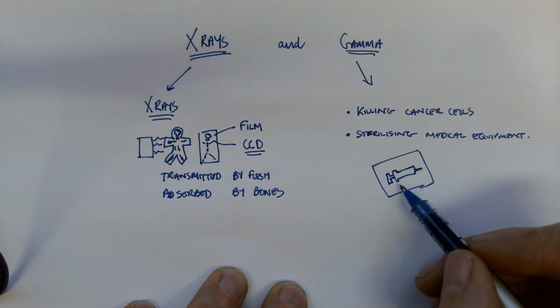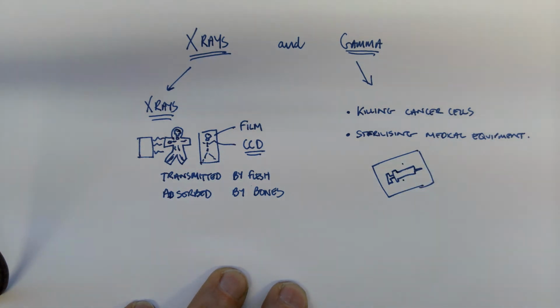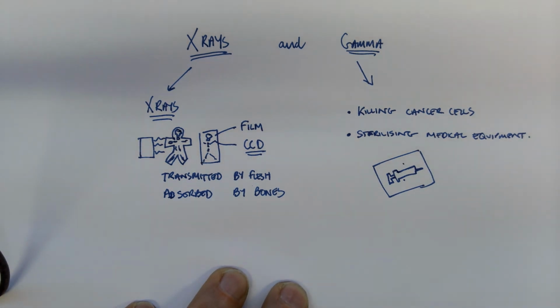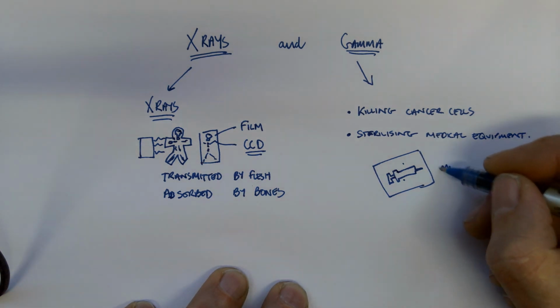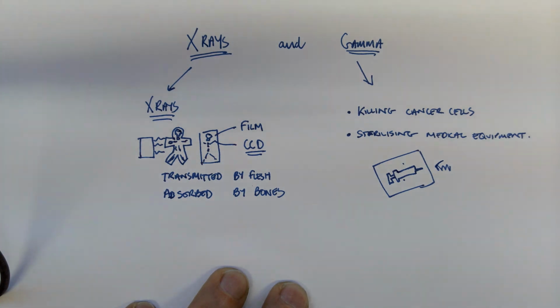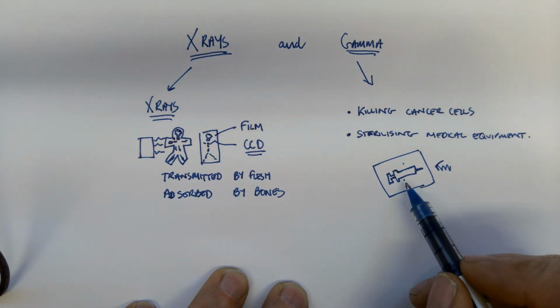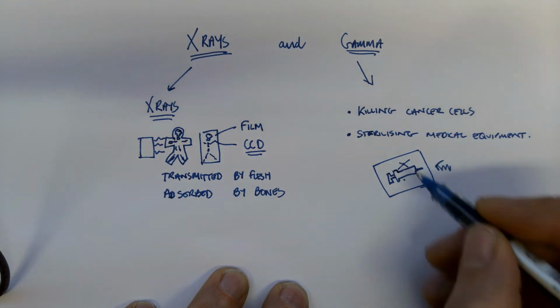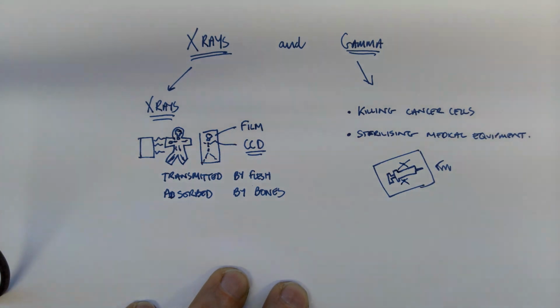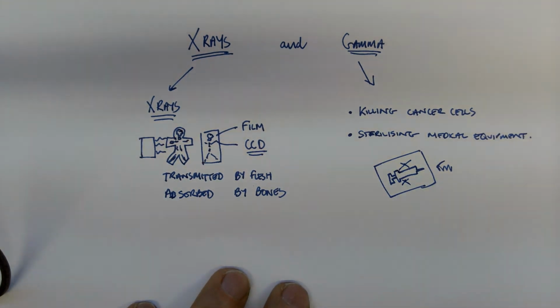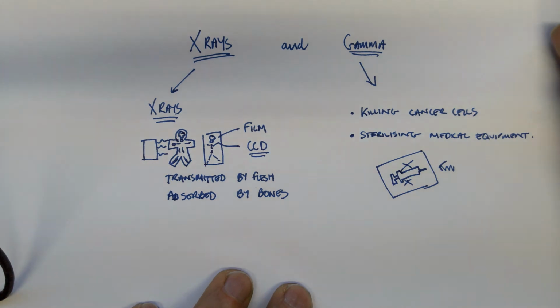But there still might be some bacteria in here, and you want to kill those. Now the conventional way would be to heat it up, but we can't heat it up. So what we're going to do is fire gamma rays at it. The gamma rays don't heat this up, but they do kill the bacteria, leaving you with a completely sterilized syringe.